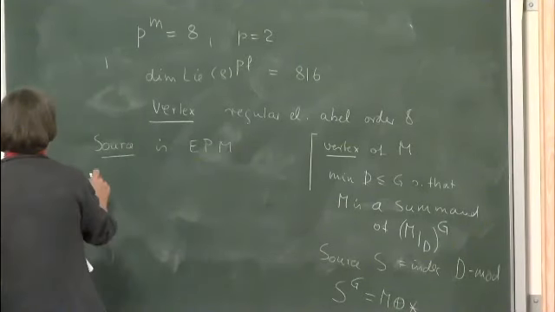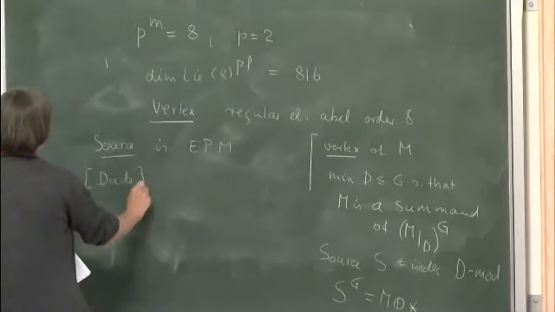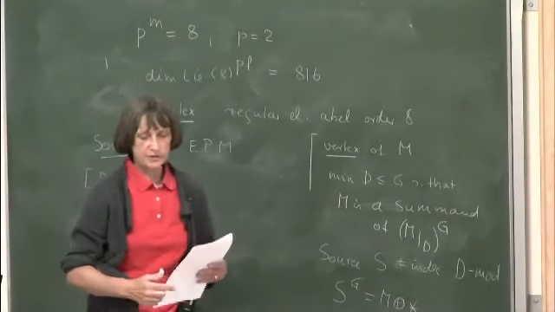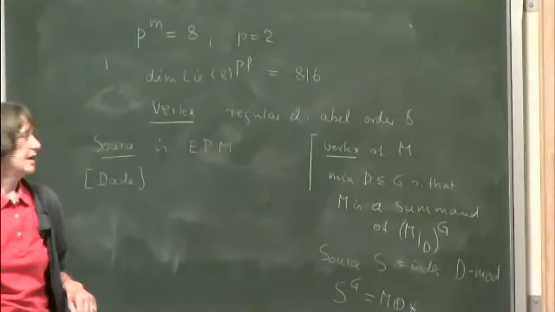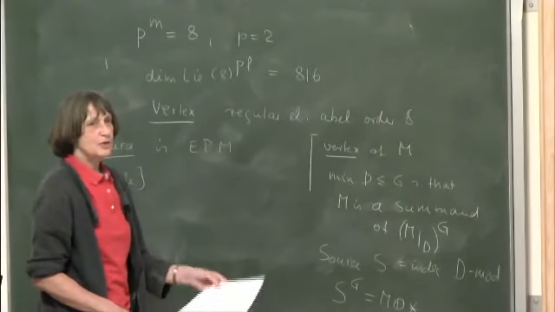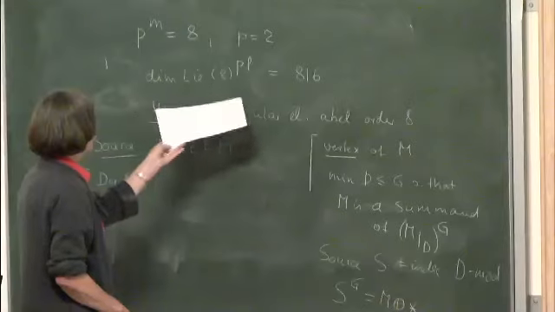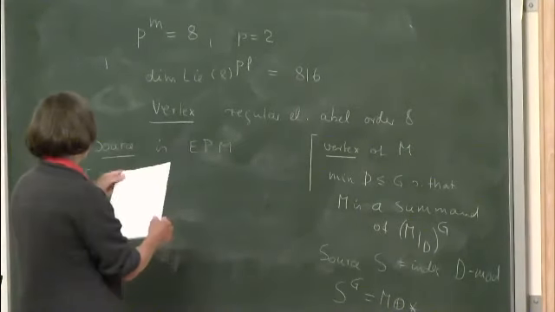And this was introduced by Dade, and he actually classified endopermutation modules for abelian p-groups. And fortunately, this is an abelian p-group, so you actually can identify the isomorphism type of this source. And so what is it?